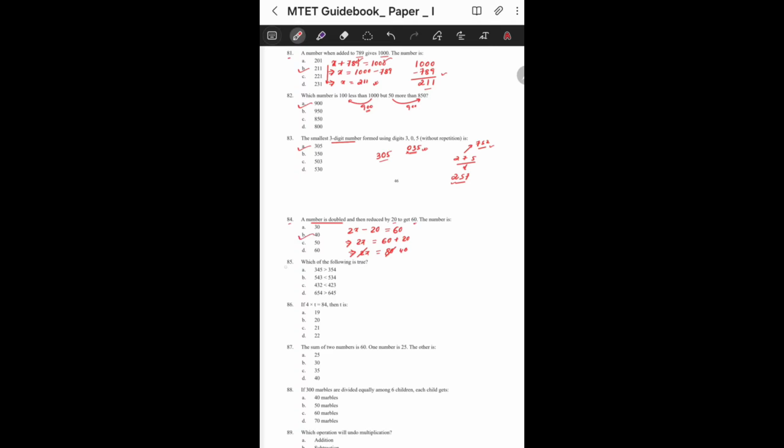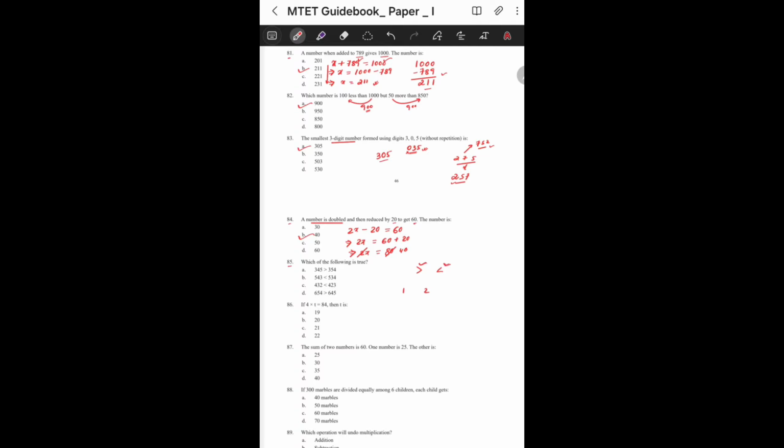Okay, next question number 85, what do they ask here? Which of the following is true here? So if you see here, they have given the sign, this sign is called greater than sign, and this is called less than symbol. Suppose I write 1 here and 2 here, then which one will come here, greater than or less than?